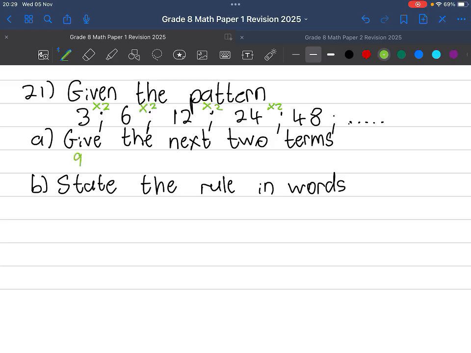It's going to be 96 and 192. State the rule in words. Simply multiply the previous term by 2. There we go.